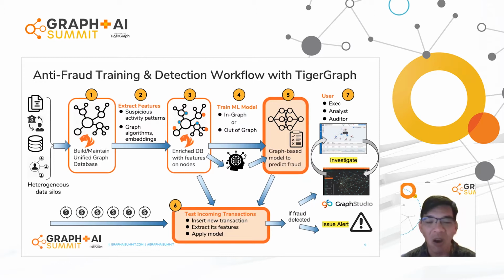And based, again, on your particular situation, you can either take action immediately, which may be to reject a transaction, or you may want to send it to an analyst for further investigation, and that's where visualization can be handy. So you have this multi-stage flow, but it's based on building the graph, extracting graph features through algorithms or queries, training a model, deploying the model, and taking action.